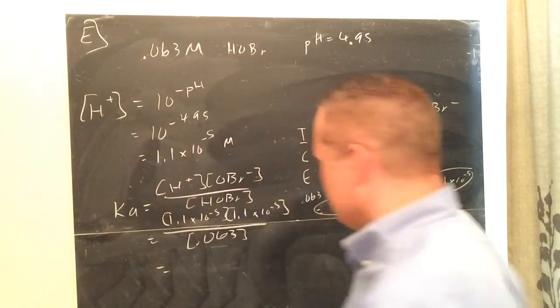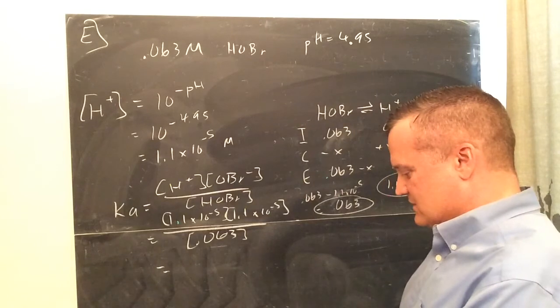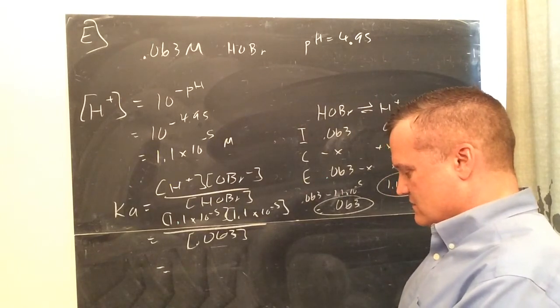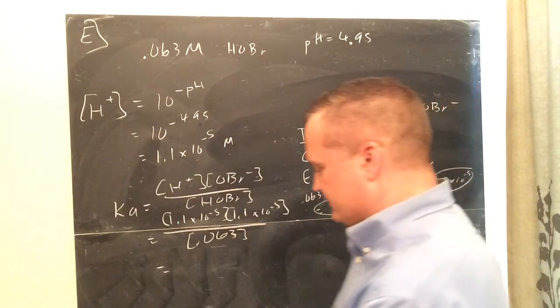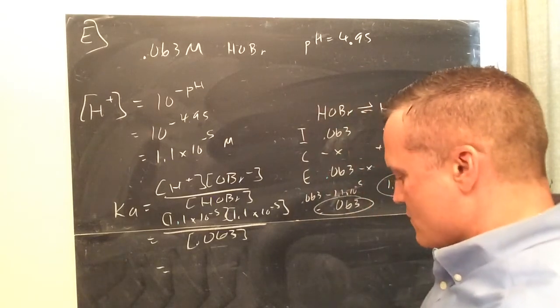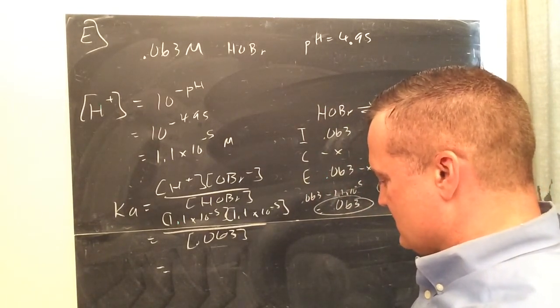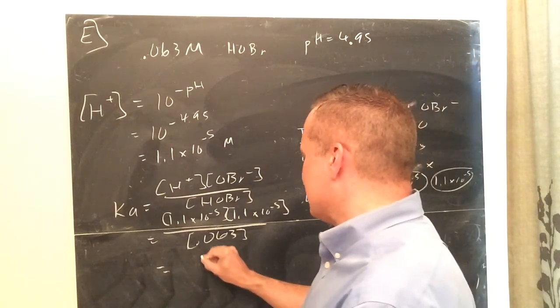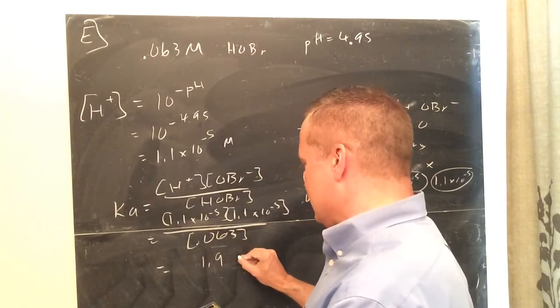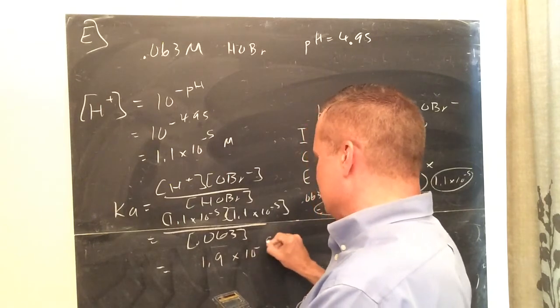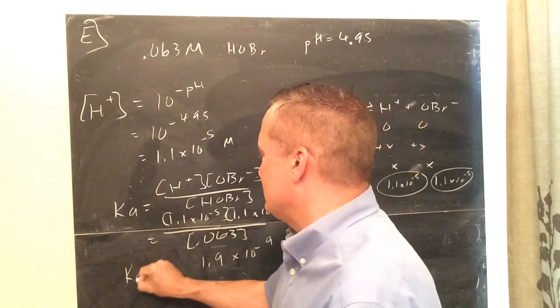Reading that, it looks like, wait a minute, that's got to be wrong. Yeah, I just typed the wrong number on my calculator. 1.9 times 10 to the negative 9 will be the Ka value.